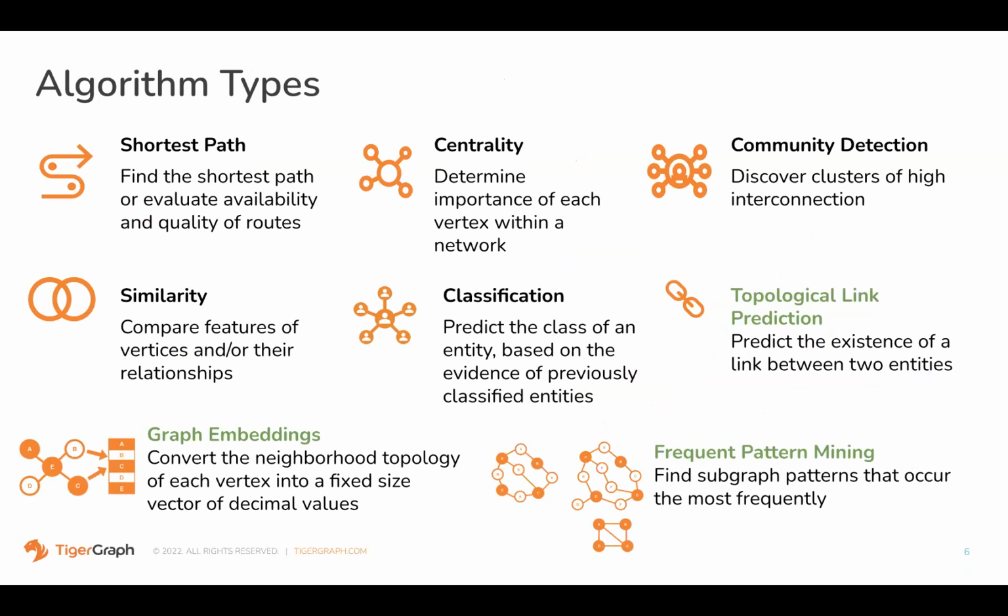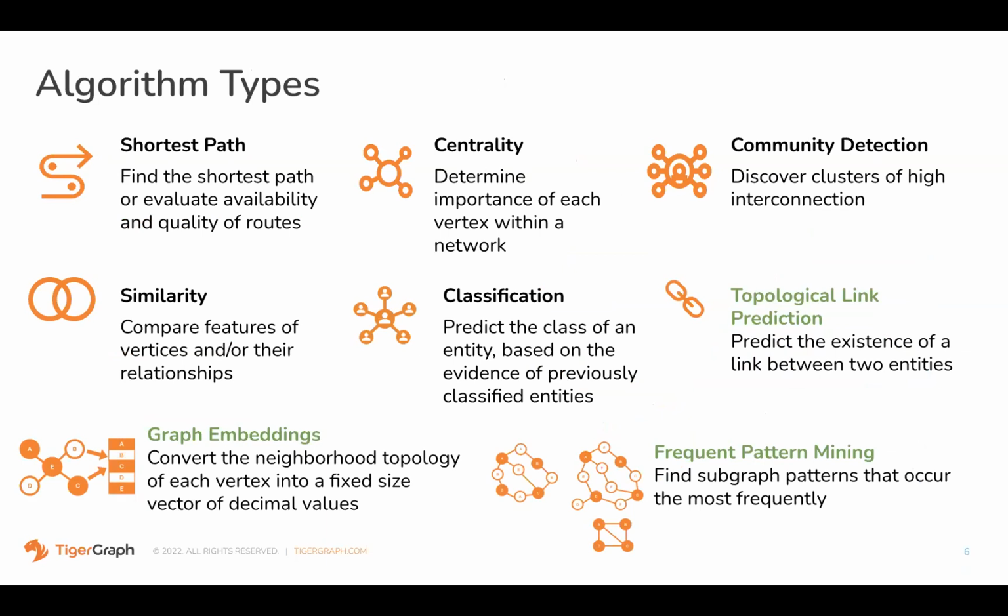We have added several new graph traversal or recursion type algorithms into some of the existing categories, spanning shortest path, centrality, community detection, similarity, and classification. To name a few popular ones, PageRank and Louvain belong to these categories.